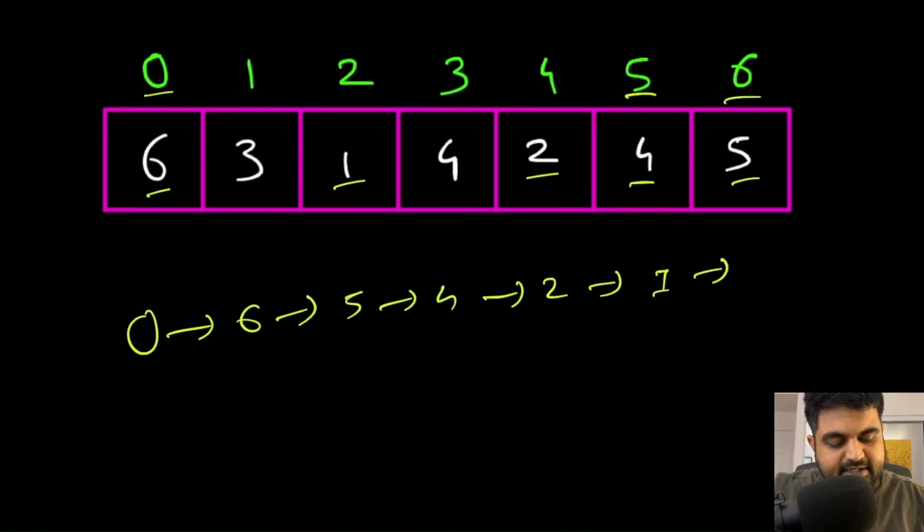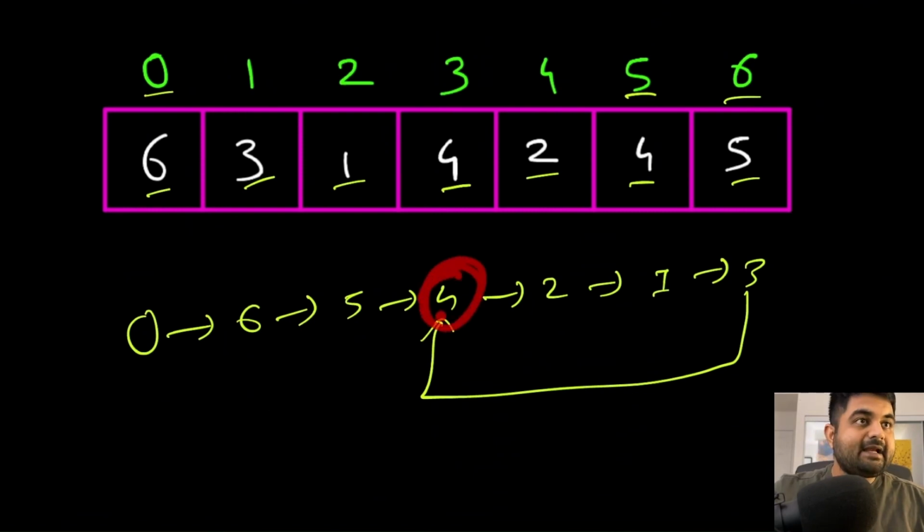And 1 is pointing to value number 3. And 3 is pointing back to value number 4. In this case, we know for a fact that 4 is the repeated character because this is where the cycle starts.